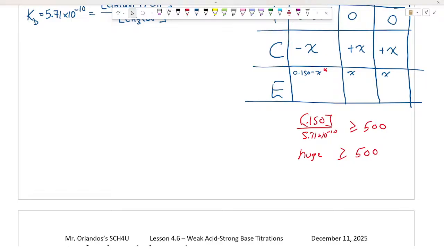Yeah, so 2.6 times 10 to the 9, and that is indeed greater than 500, which means we can treat 0.150 minus x as just being 0.150. Good.